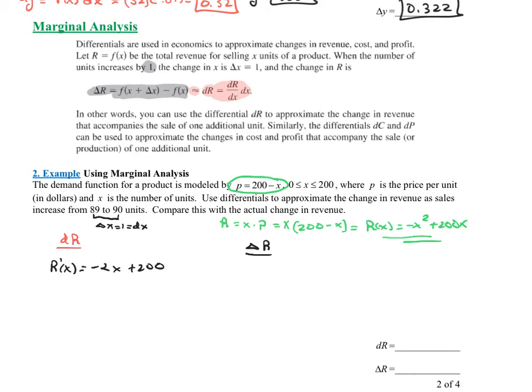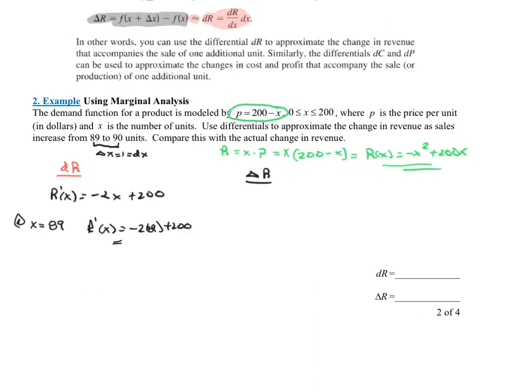And now I need to evaluate it at the original given x value, x equals 89. So when I plug in 89, I'd have r prime of x equals negative 2 times 89 plus 200. Plug that in your calculator. I'm getting a value of 22. So r prime of 89 is 22.